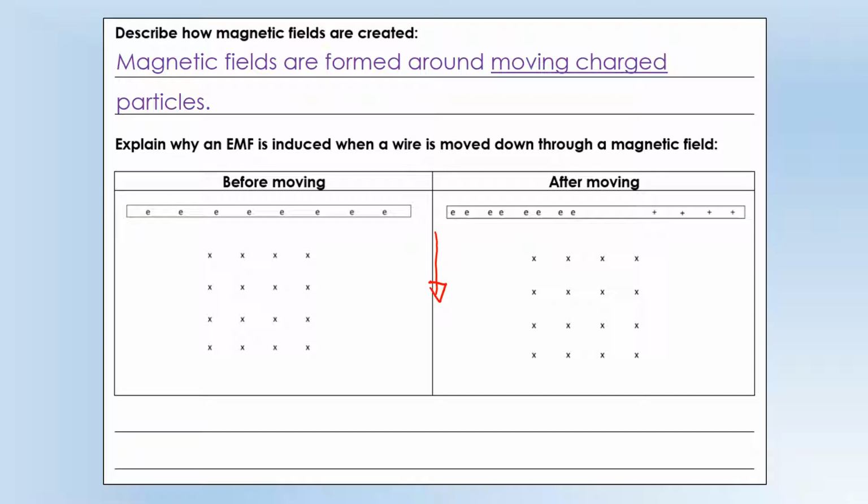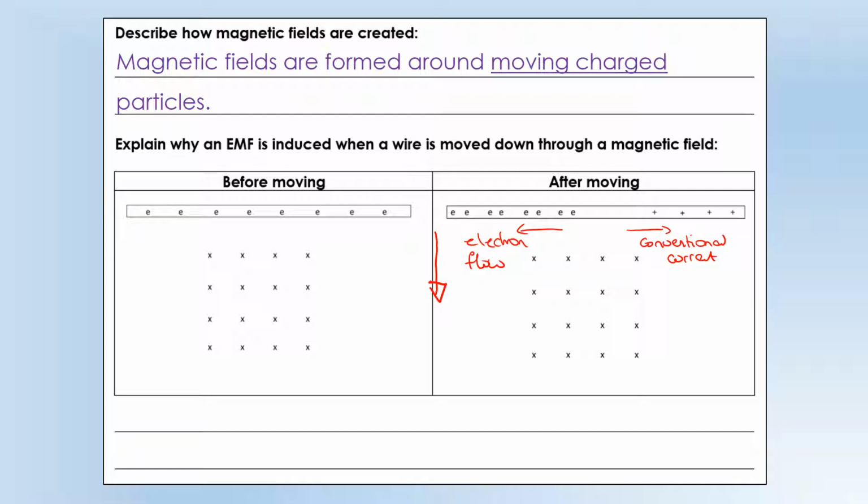You can see the field is marked by X's, so that's going into the plane of the page. So my first finger is pointing into the screen. You can see that my thumb is pointing along to the right. This is the direction of conventional current. And therefore electrons are going to go the opposite way.